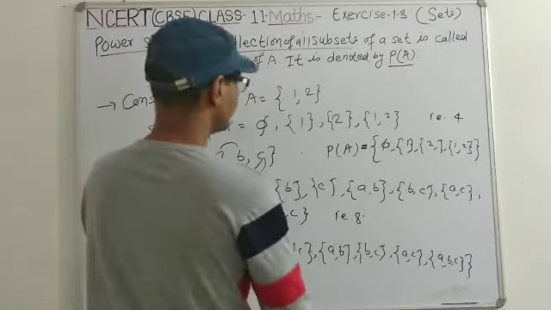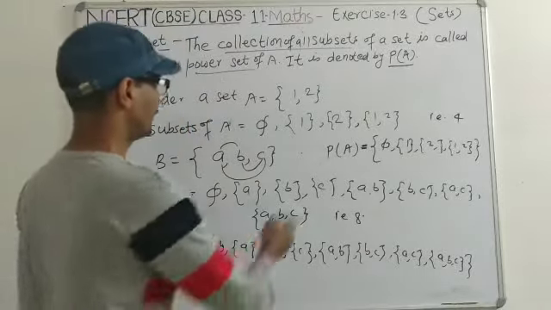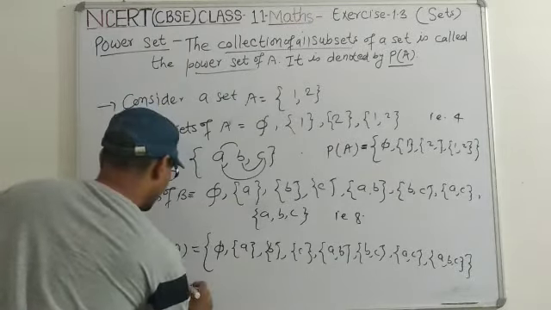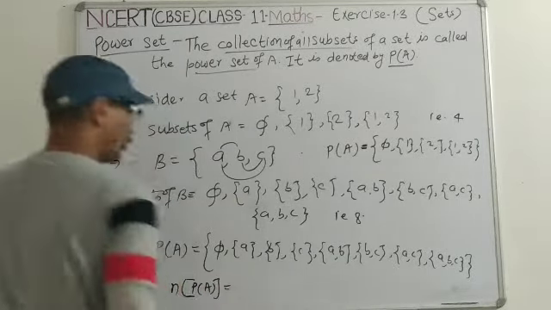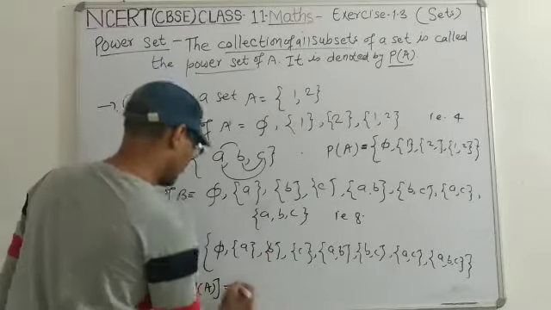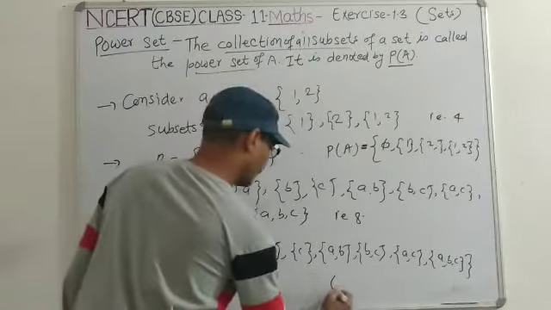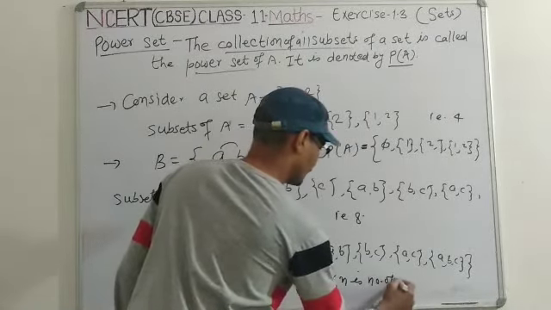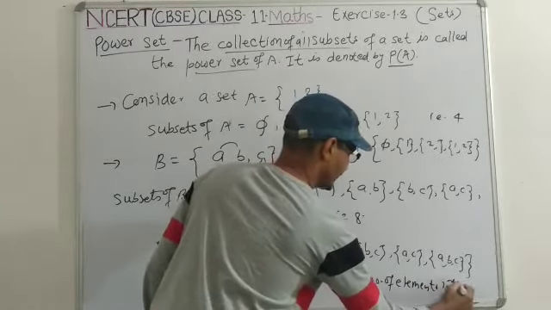And one formula is here to check like this. The number of elements, how to check? The number of elements in P(A) equals how many? 8. So we will write 2 to the power n, where n is the number of elements in the set.